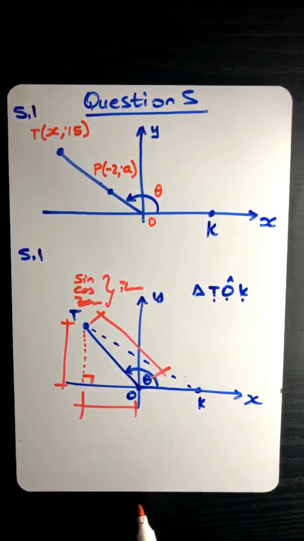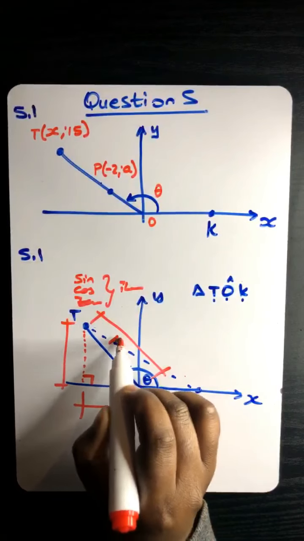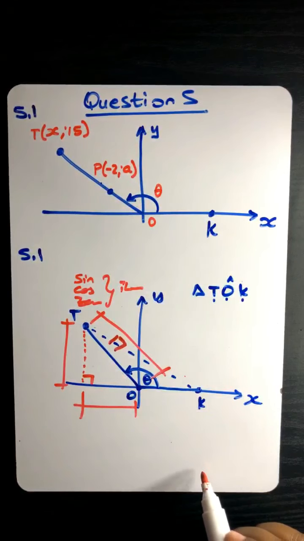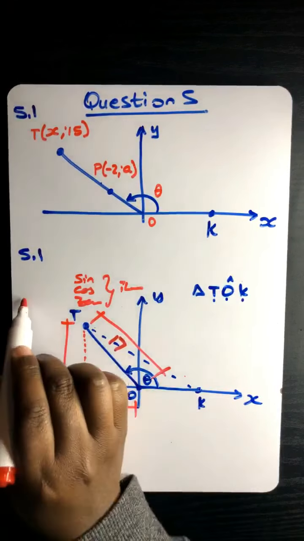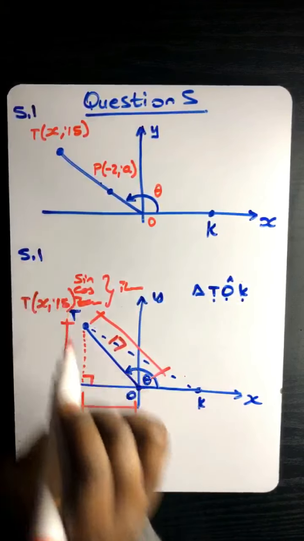But I'm not sure, do you guys remember that they've actually given us this side and they said it is 17 units? I'm not sure if you guys are aware of that. And also we've got T being x and again 15.